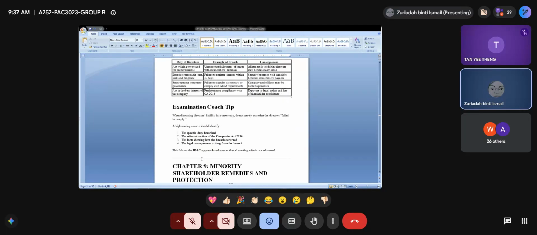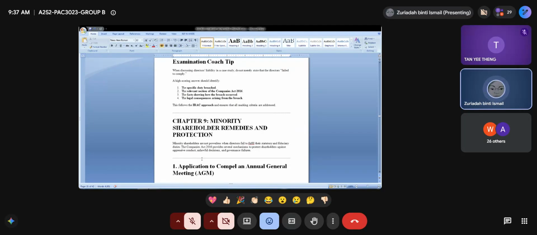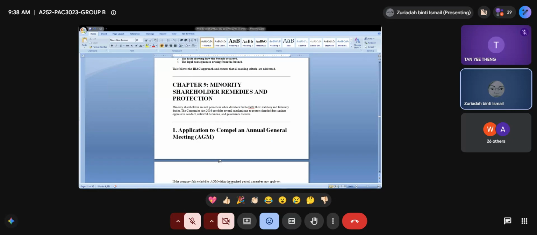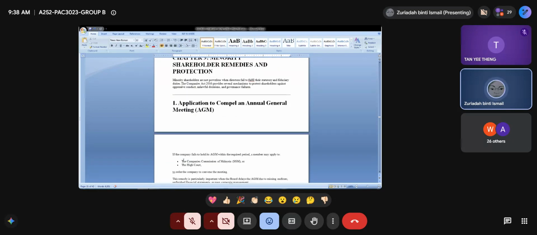So then the remedy given to the shareholders. For example, the first is if the company fails to hold the AGM, a member can apply to SSM and also apply to the High Court in order to ensure that the AGM must be held within the statutory time frame.